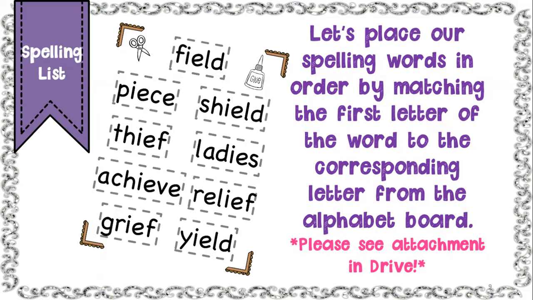What about these? C, D. Even though you see a D in one of those words, it's got to be the first letter of the word. E, F. Good. There's a word up there that starts with an F. Field.